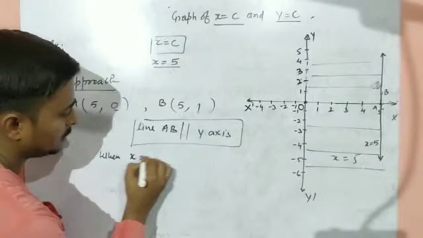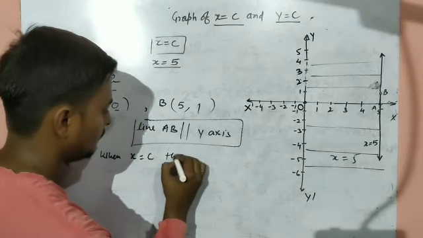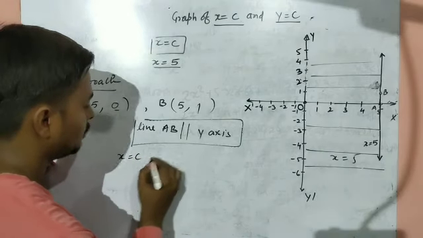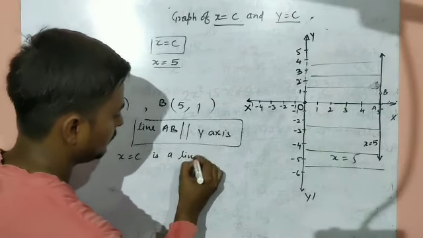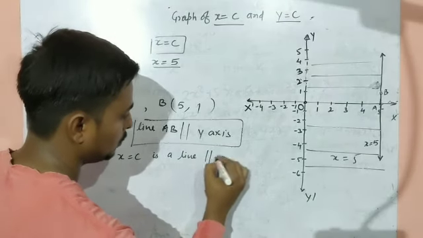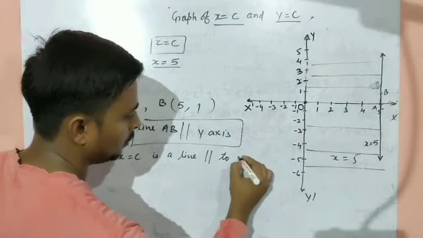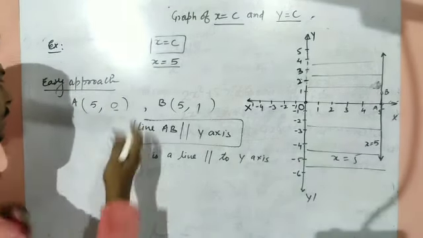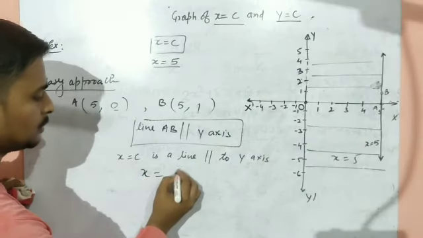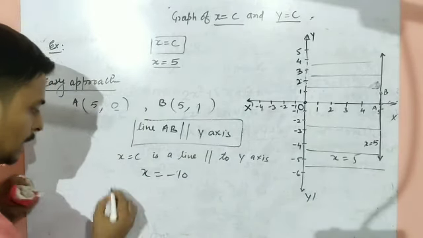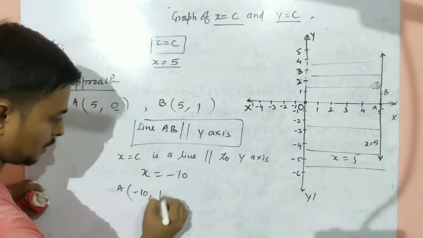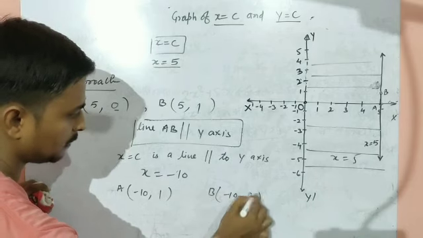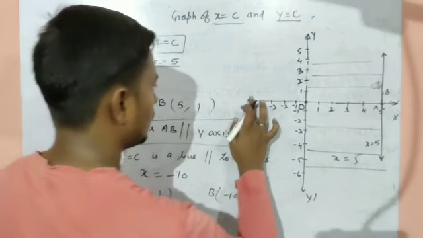When x is equal to c, then, in other words, x is equal to c is a line parallel to the y-axis. In any case, suppose another example, x is equal to -10. X is equal to -10 means point A is -10 comma 1, point B is -10 comma 2, or you can take 5. So x is what?